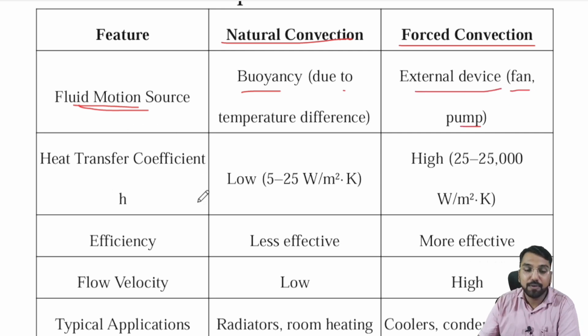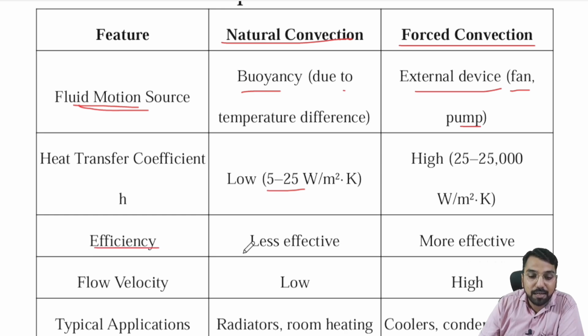The heat transfer coefficient h will be much lower in natural convection, around 5 to 25 watt per meter square Kelvin, and in forced convection h will be higher, so that higher heat transfer is achieved. Efficiency wise, natural convection is less effective and forced convection is more effective.